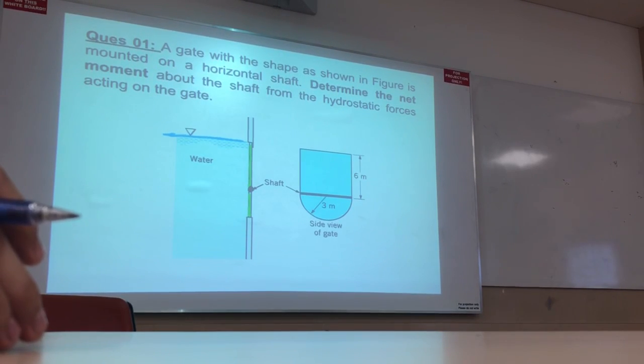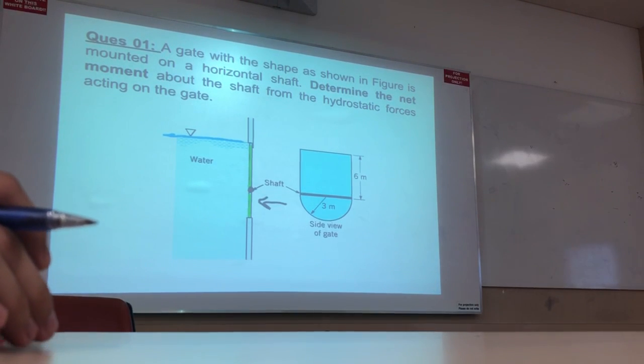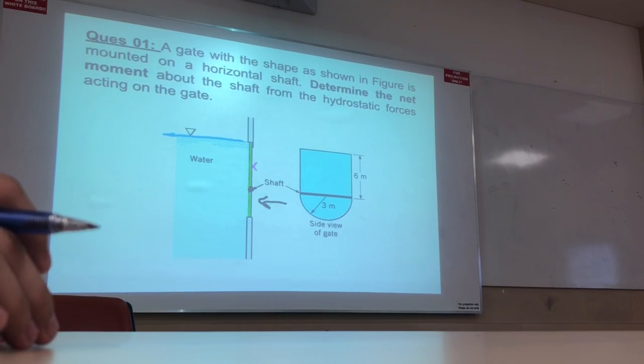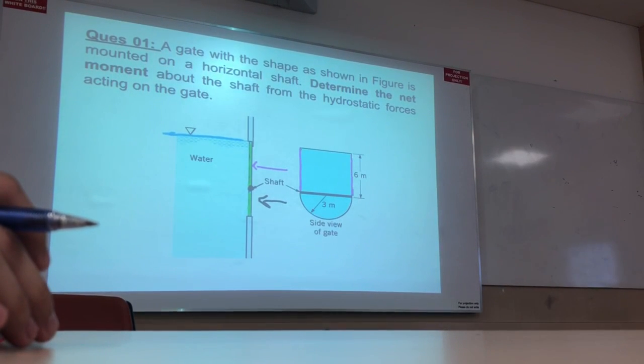Okay, if you look in this view, you can see the gate is something like this. This portion is rectangular shape. Alright, it is the rectangular shape, and that portion is semicircular shape, the blue one.